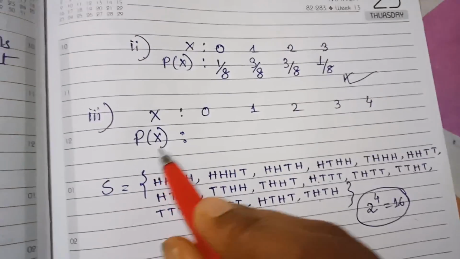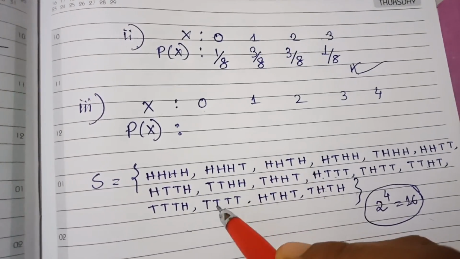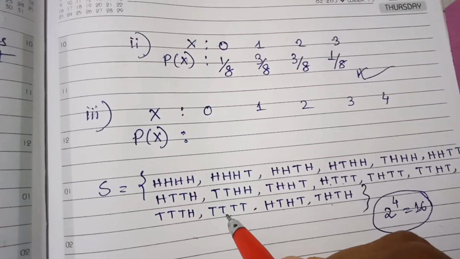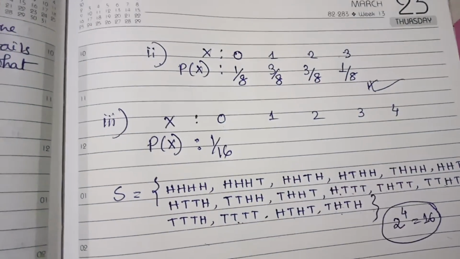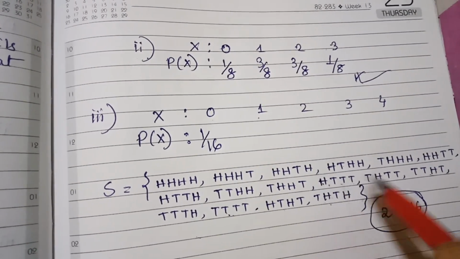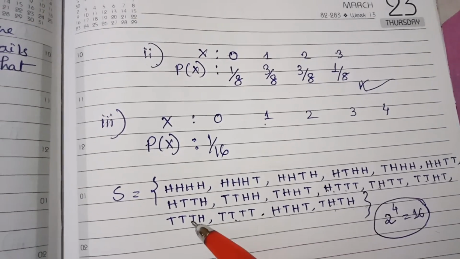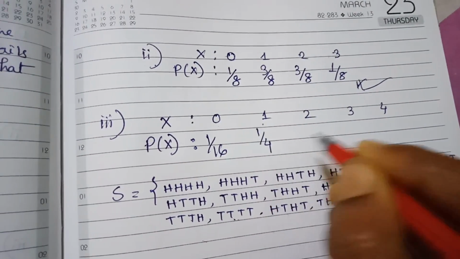So P of x for 0. 0 means number of heads 0, only one here, that is 1 by 16. Number of heads 1: 1, 2, 3, 4, that means 4 by 16, which is 1 by 4.